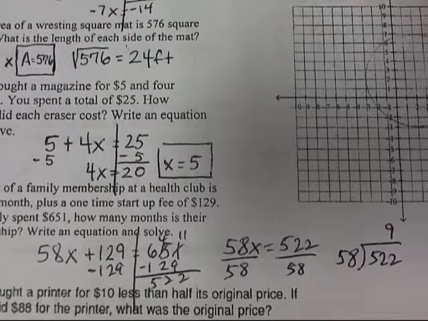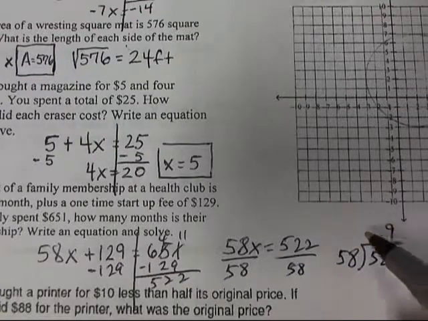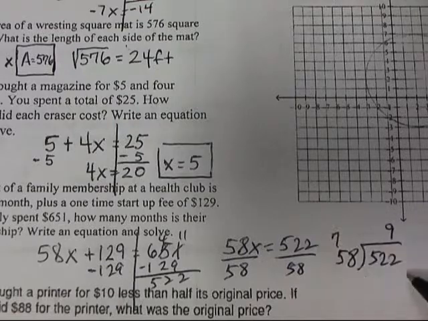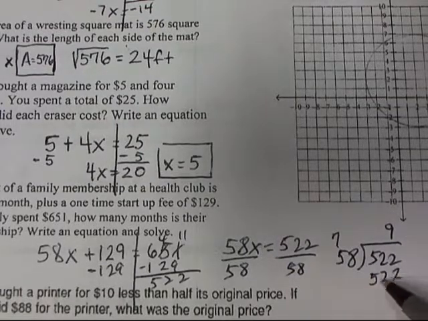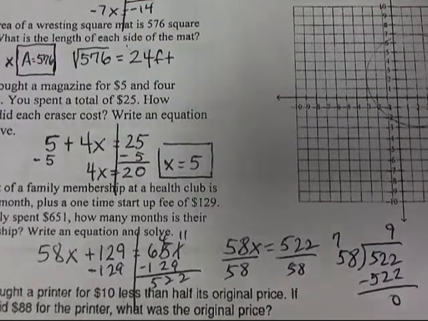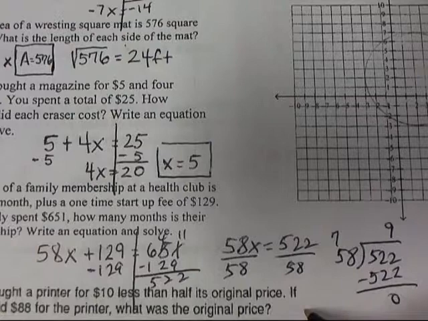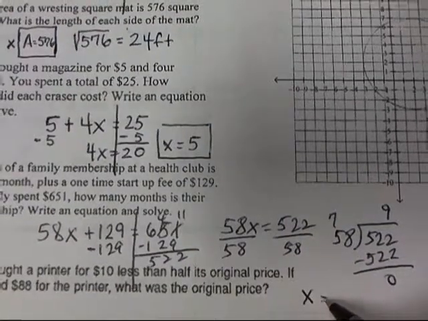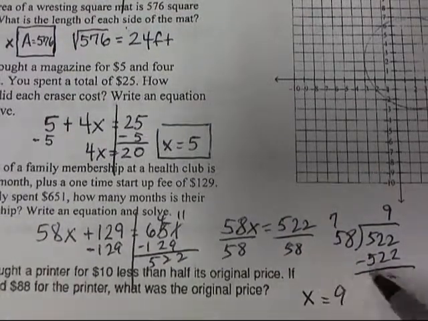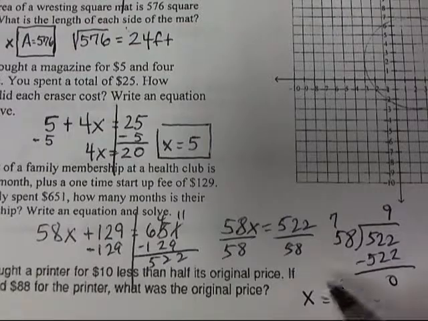Let's try 9 and see what we get. 522. Okay, we get exactly the number that we're looking for. So x equals 9, which means their membership was 9 months long.